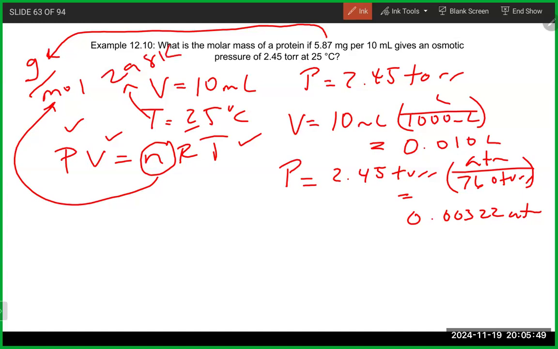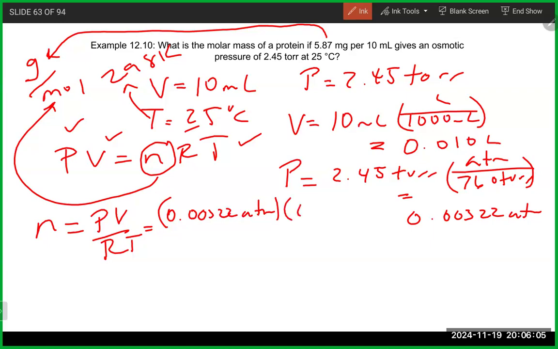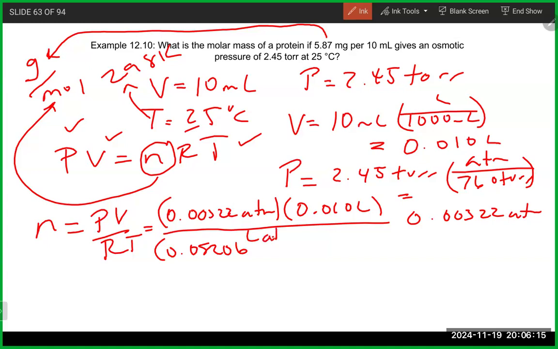If we solve for n, n will equal PV divided by RT. Putting in our values: 0.00322 atmospheres, our volume 0.01 liters, divided by our R, 0.08206 liter atmosphere per Kelvin mole, and our temperature of 298 Kelvin.